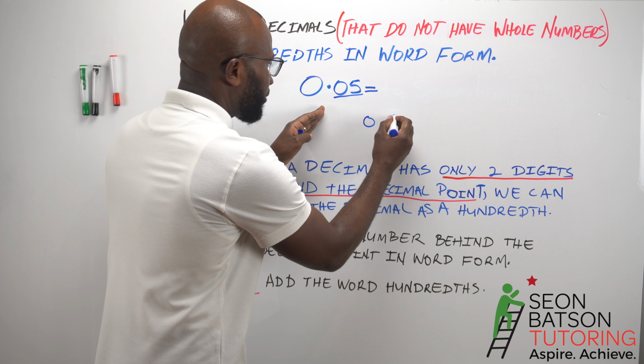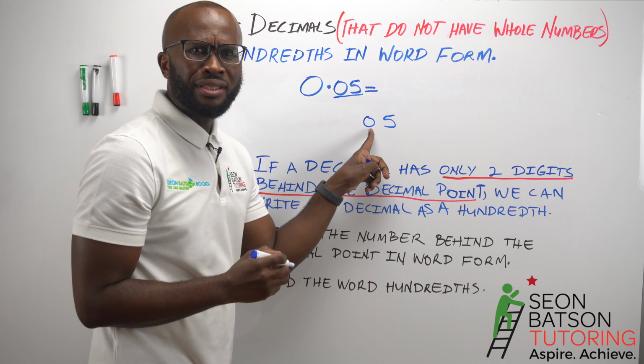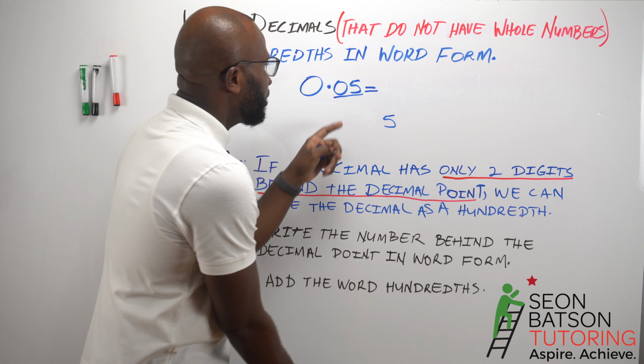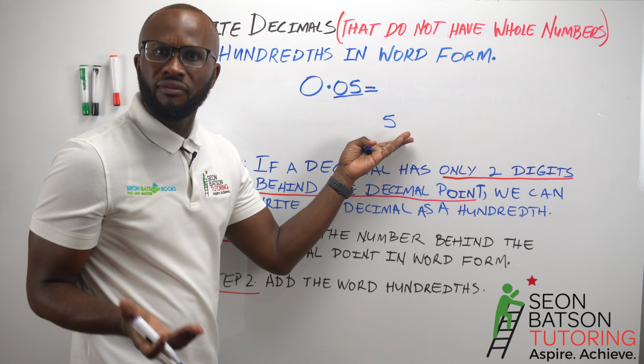But we wouldn't say 05 since the first digit in this number is 0, it has no value. We don't need it. So 05 is the same as 5. So we'll first write 5. And then step 2, we will add the word hundredths.